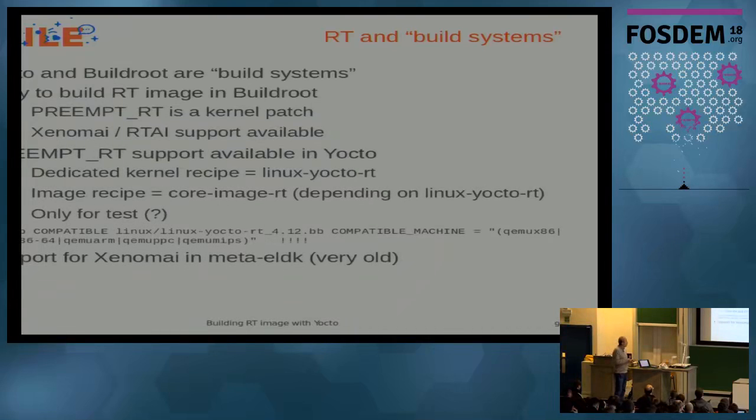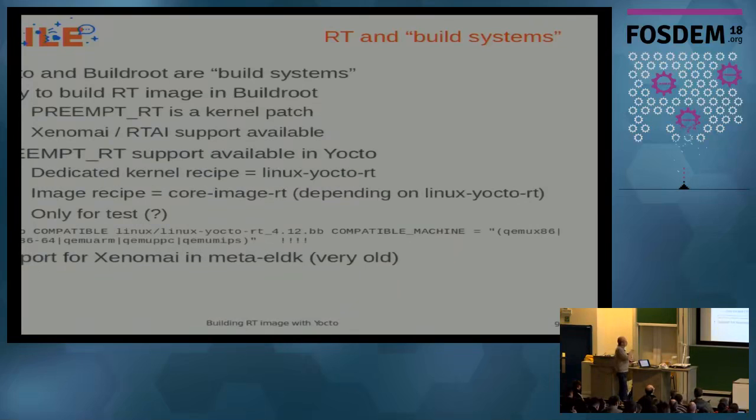For Yocto, there is a dedicated kernel recipe, linux-yocto-rt, with a dedicated image, core-image-rt, depending on linux-yocto-rt. There is only one dependency on the kernel, plus rt-tests, which is a set of tools for testing real time.